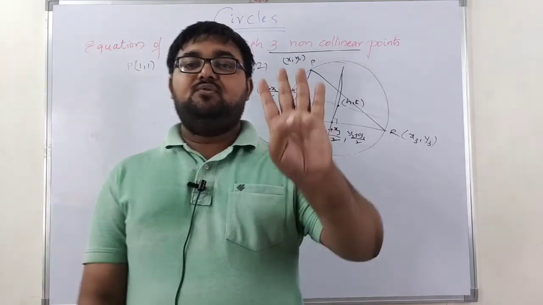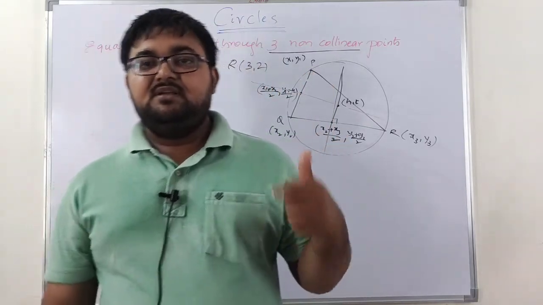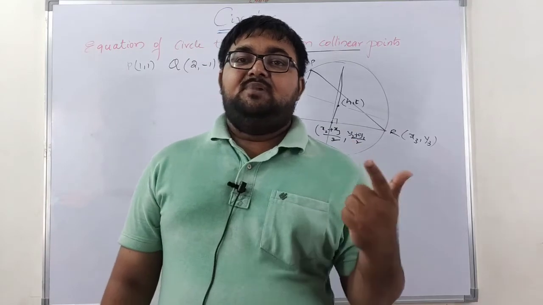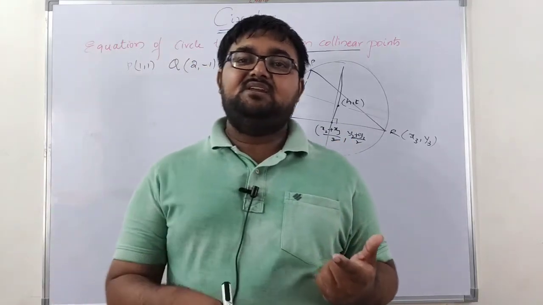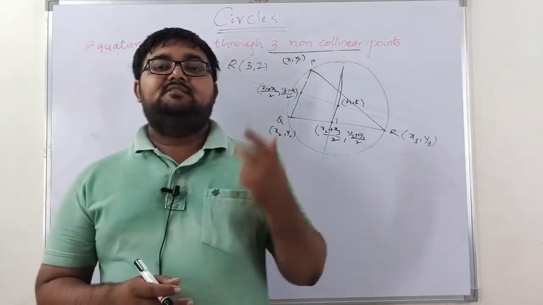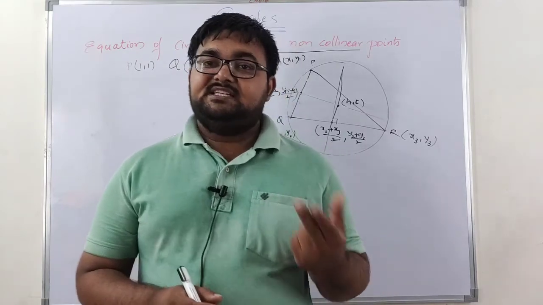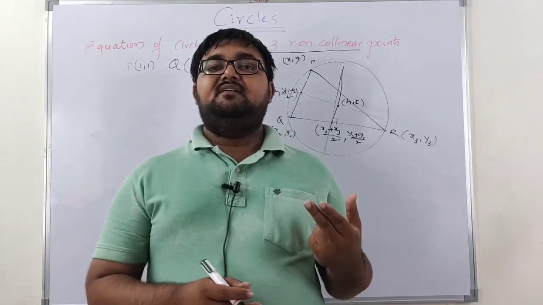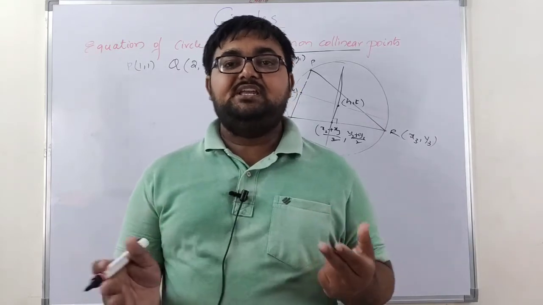then we have 4 approaches. So the first approach is using the formula method. Second approach, by substituting the values of x1, y1, x2, y2, x3, y3 in the given equation and finding out the values of g, f and c, right. Next, the third approach is nothing but by considering the center as h comma k and equating all the radii by considering those equations.